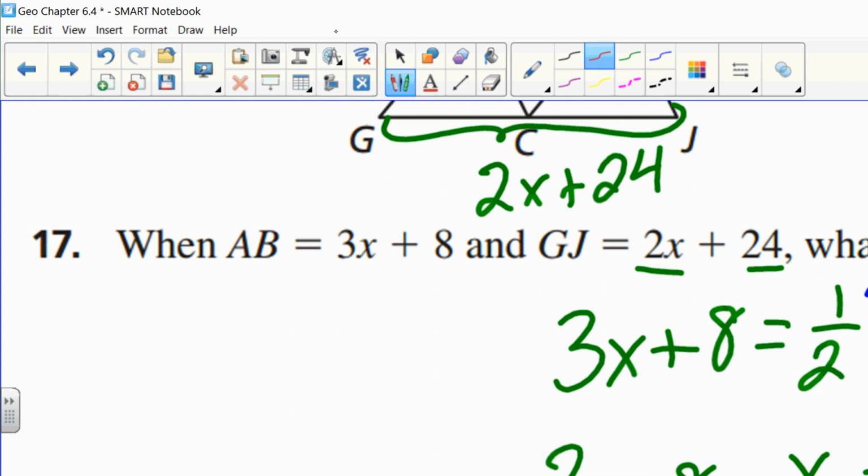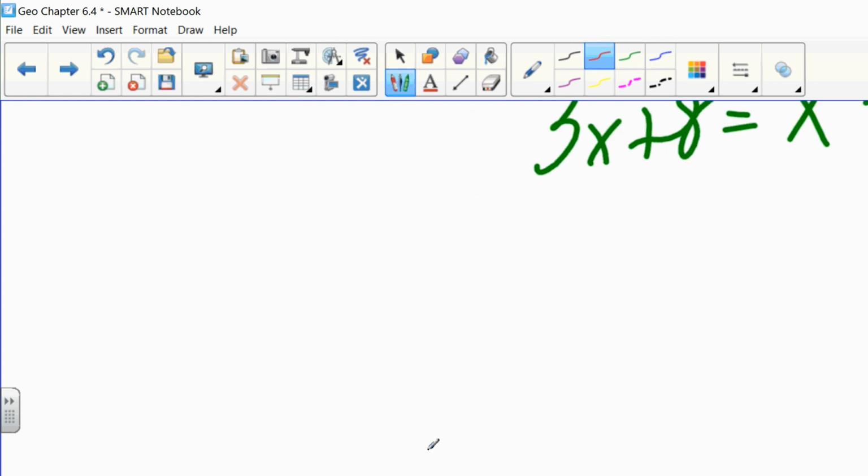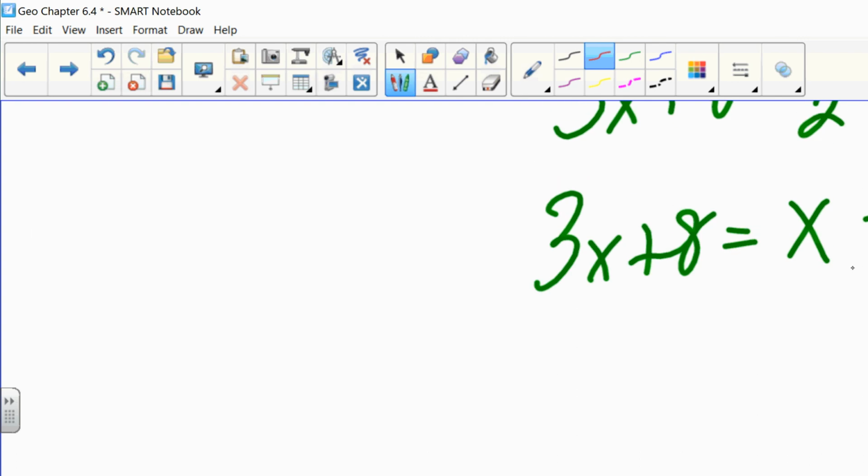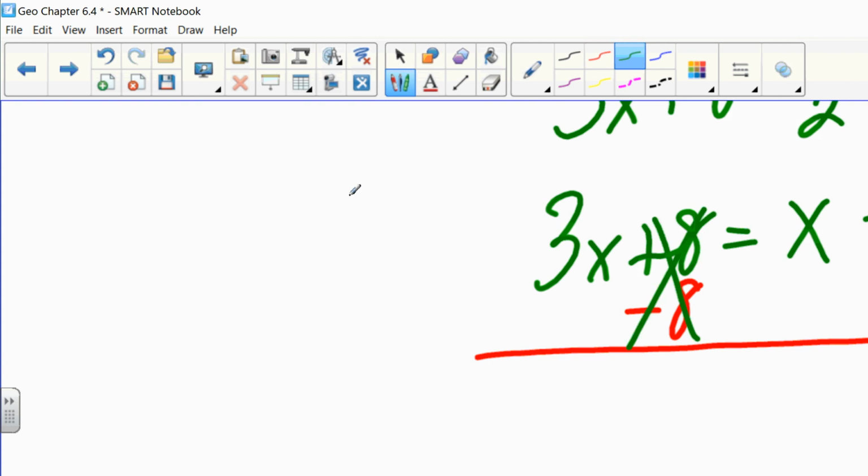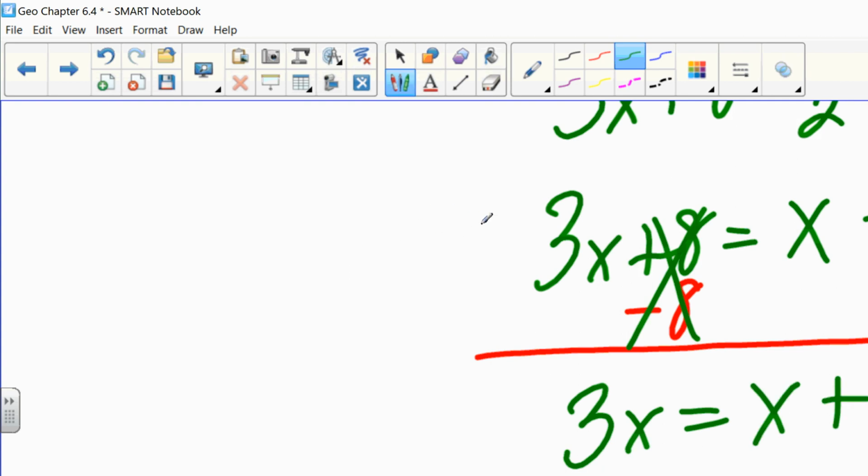Let's go with a different color. Yes, we can subtract 8 from both sides, which would tell us that these would cancel, and we'd have that 3x is equal to x plus 4. And then what?